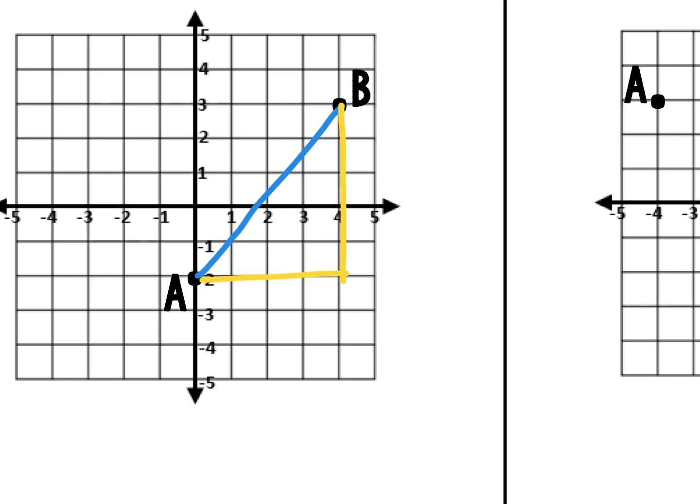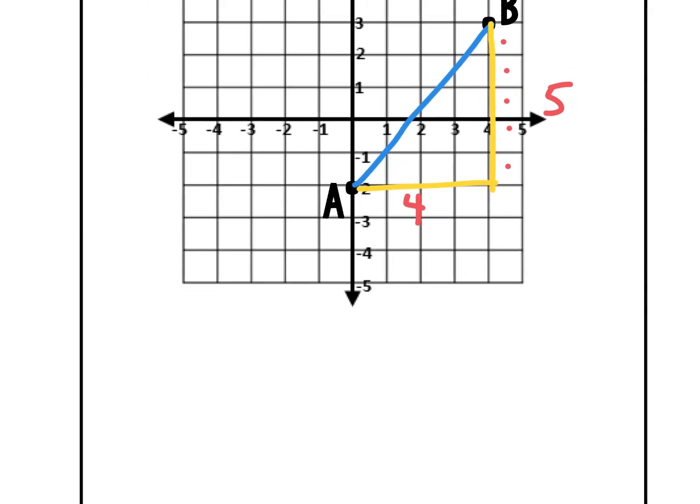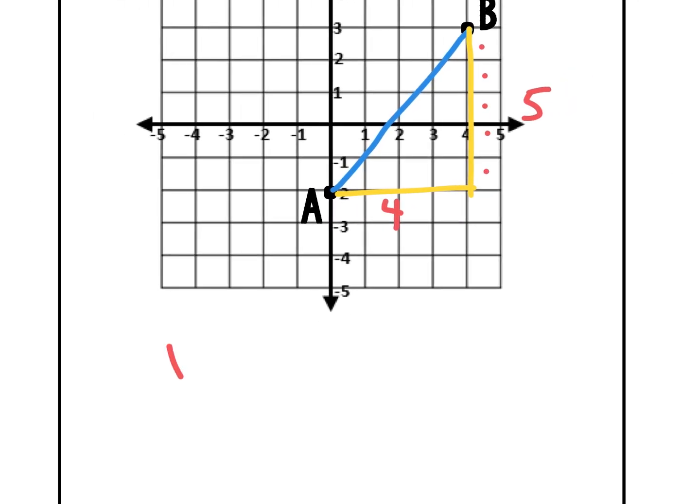Now, how wide is this triangle? Okay, 4. And how tall is this triangle? 5. Okay, so we have the 2 short sides. So if I have short sides, I add.